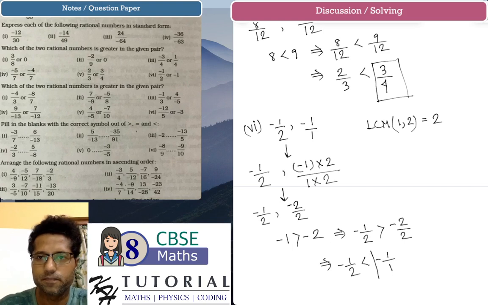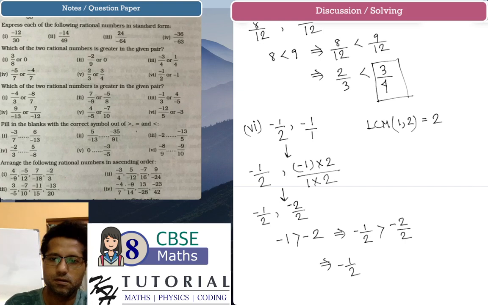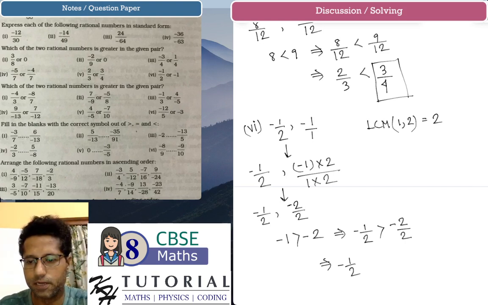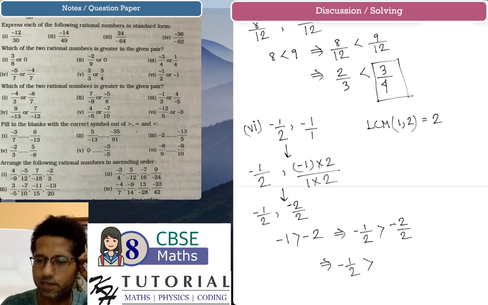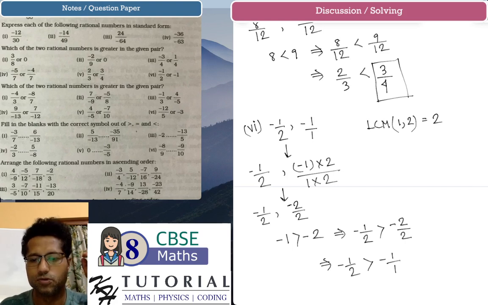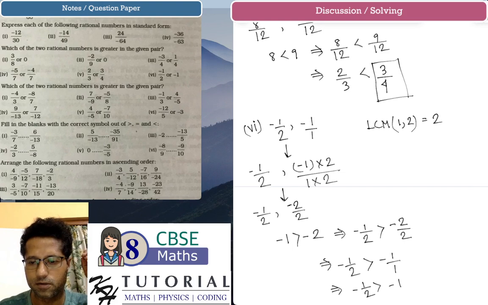So this implies minus half will be greater than the original rational number, where minus 2 by 2 was minus 1 by 1. So this implies minus half is greater than minus 1. Hence the greater rational number is minus half.